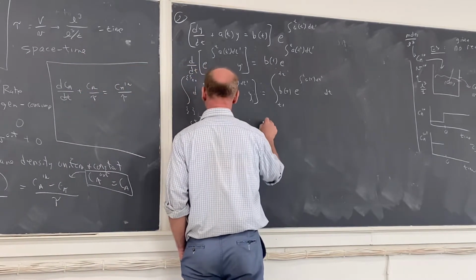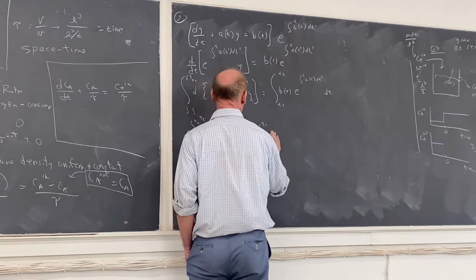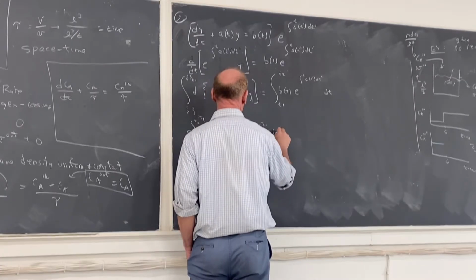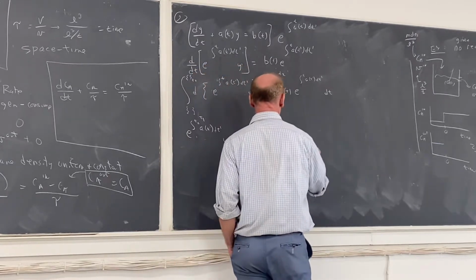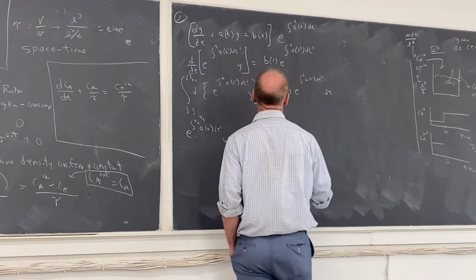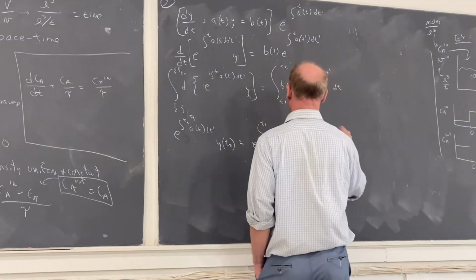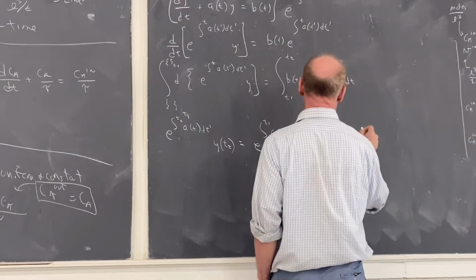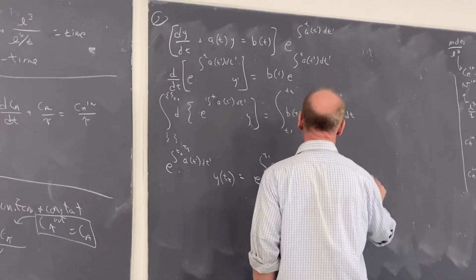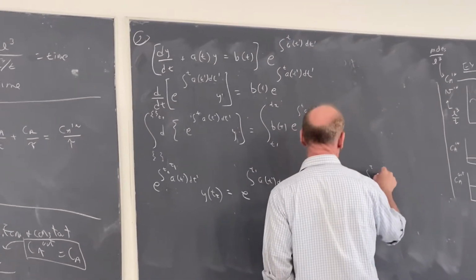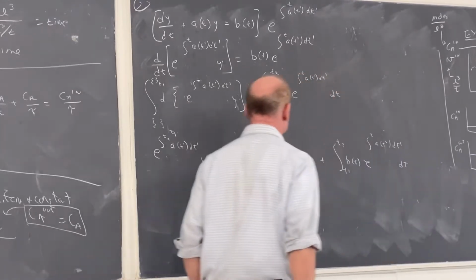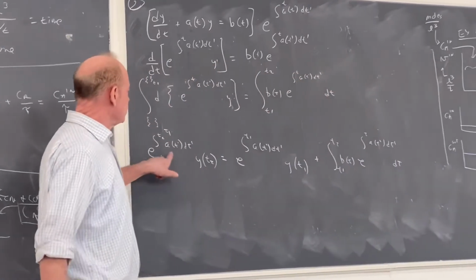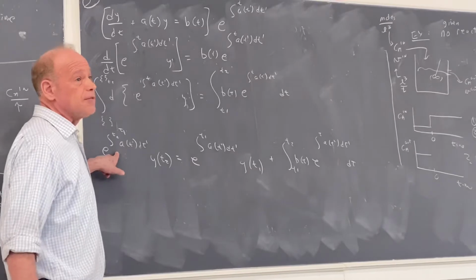E to the integral t1, a of t prime, dt prime, times y of t1, plus the integral t1 to t2, b of t, e to the integral of t, a of t prime, dt prime, dt. And now I'm going to multiply both sides of the equation by the e to the minuses.